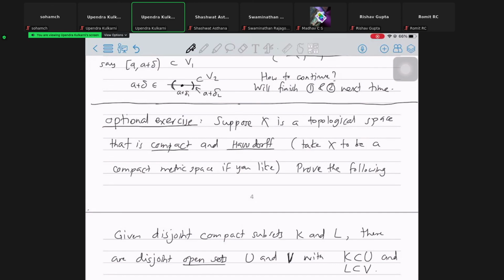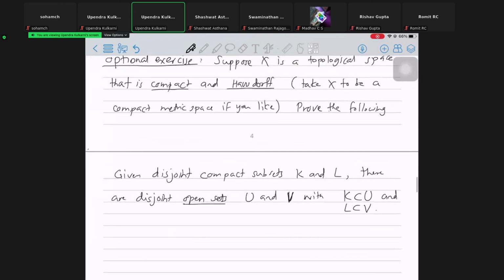This should give a width that is very similar to what we did earlier, right? So here is the picture. Here is K, and here is L, and they're disjoint. So I'm supposed to be able to do this.